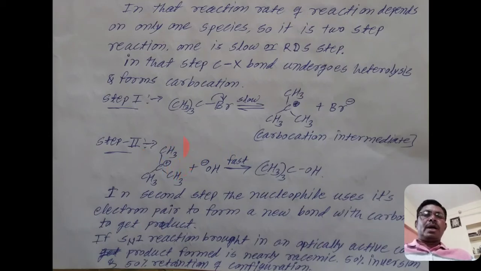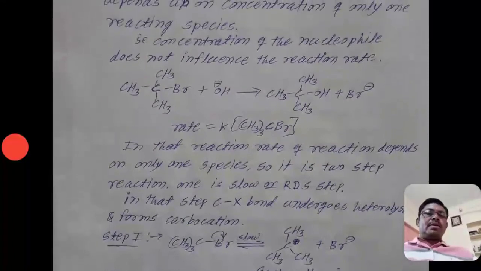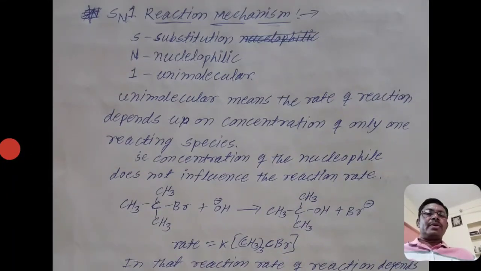The equimolar amount of these two products is known as a racemic mixture. So the SN1 reaction carried out with an optically active compound gives a racemic mixture.